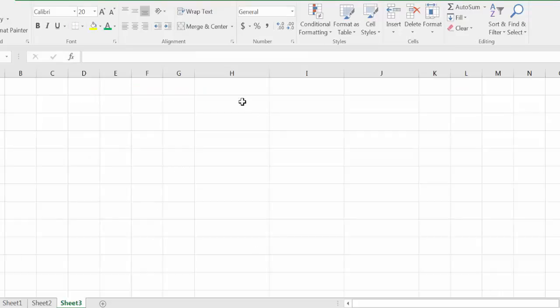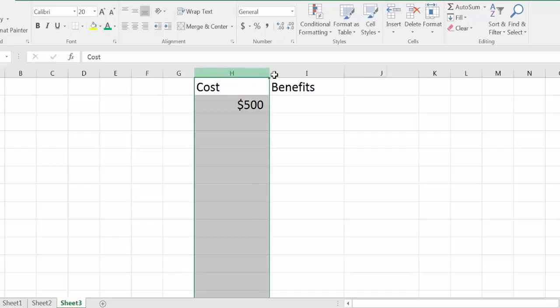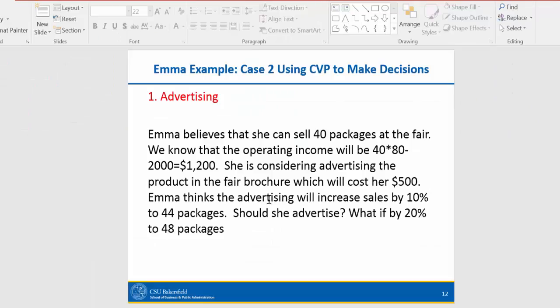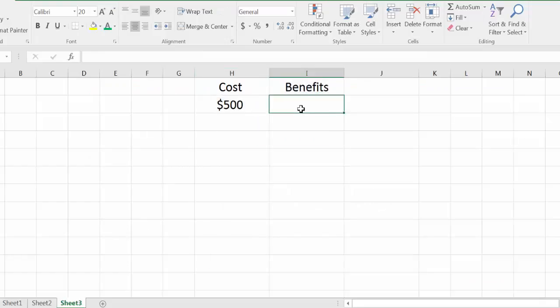So first, I'm gonna look at cost benefits. When we look at a cost, we're looking at $500. So Emma has to pay $500 to advertise the packages. Now the benefits is we're looking at 4 extra packages.